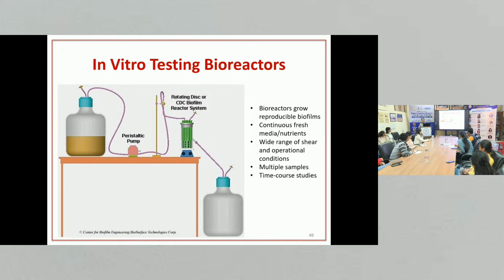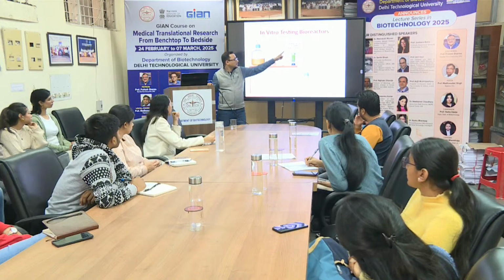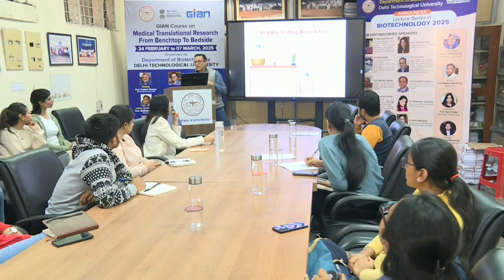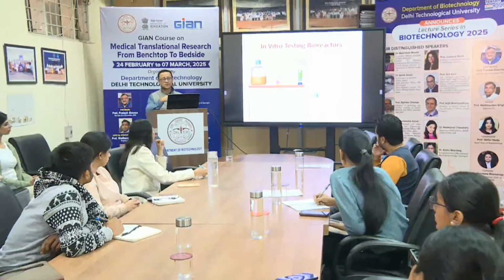Another problem we see is that some bacteria are very opportunistic and grow very fast. We have seen bacteria start growing in different places and it goes out of control.